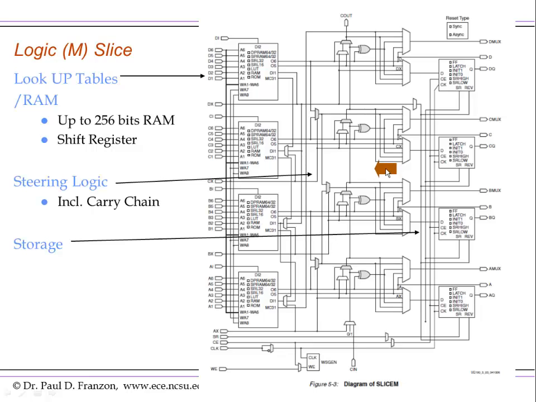We then have some steering logic in the middle here, including these muxes. Very explicitly, part of the steering logic allows you to build carry chains. In fact, you can even see this is specifically labeled C in and C out. Then on the right, we have storage, very specifically for 1-bit storage elements. That can be configured in a number of configurations.